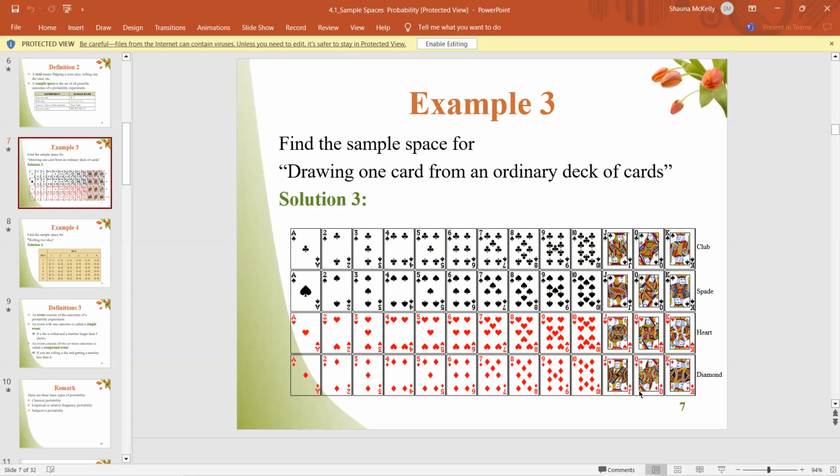No. Face cards count. Oh, 13. 13 clubs. Yeah, so even if they're face cards and they're a suit, they still count as part of that suit. So there's 13 clubs out of how many cards? 13 out of 52. 52, right.